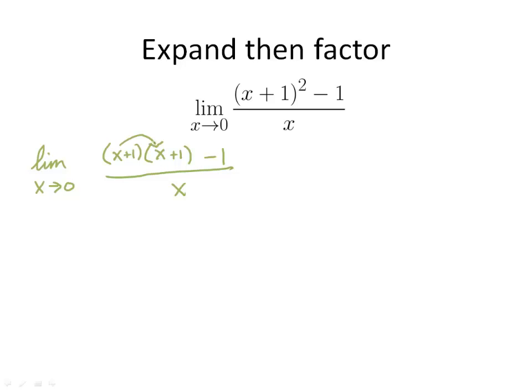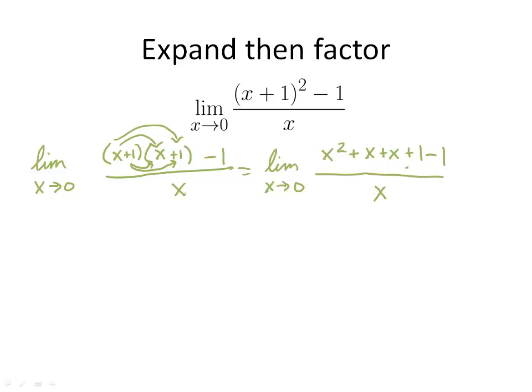So if we FOIL, right, we'll get x squared plus x plus 1 minus 1 all over x.